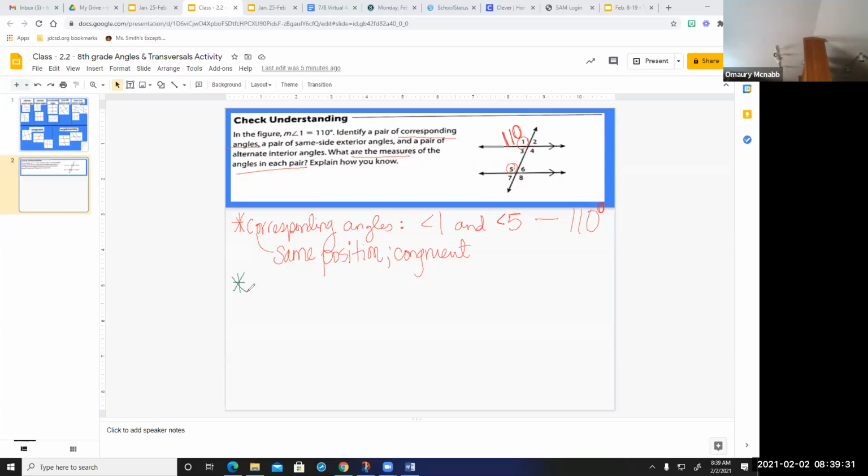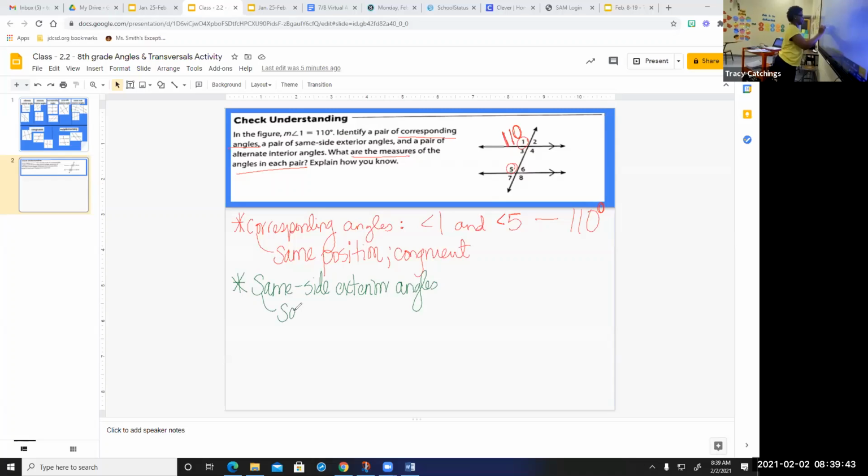Same side exterior angles. All right, what do we know about same side exterior angles? They're on the same side on the outside of the thing. All right, we said something a while ago about same side exterior angles.